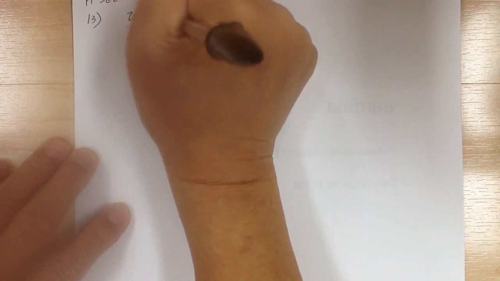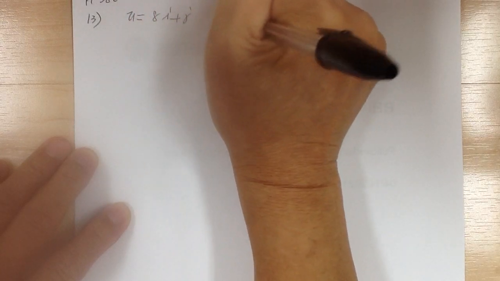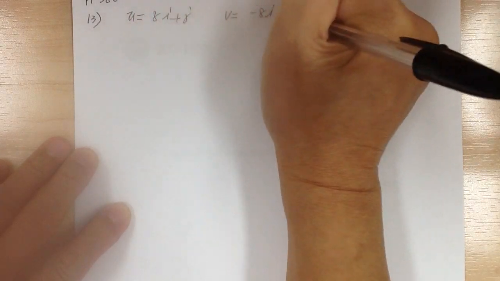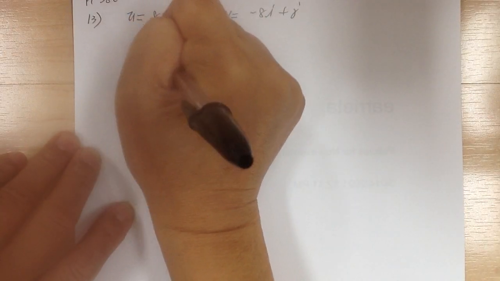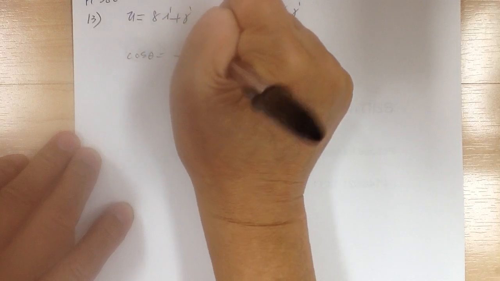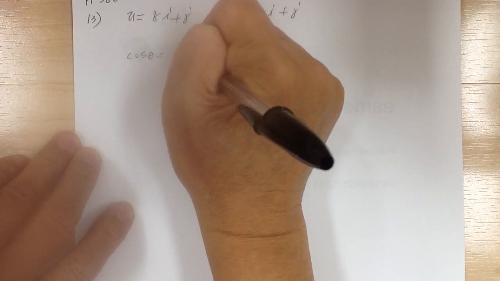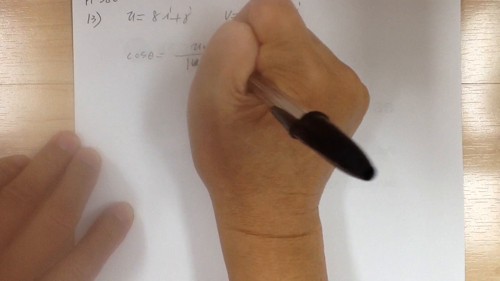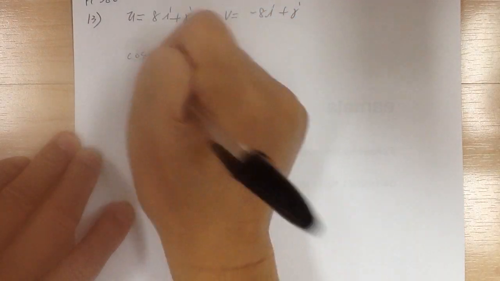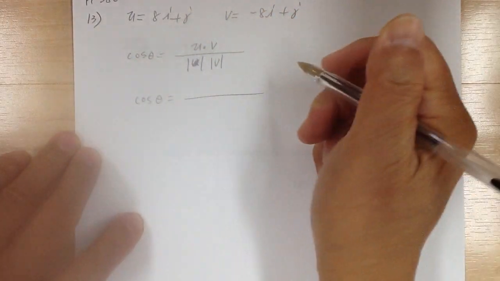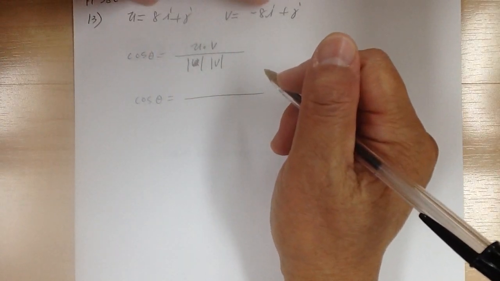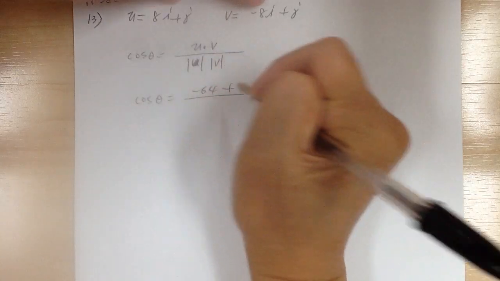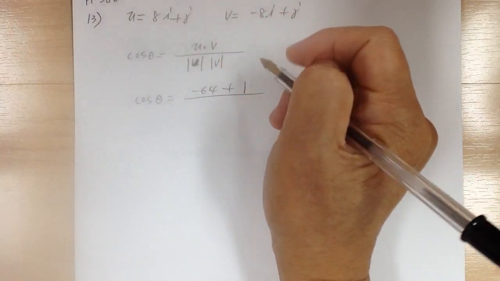Number 13. You have u equals 8i plus j, v equals negative 8i plus j. So to find the angle between them, cosine theta equals u dot v over the length of u times the length of v. You can always write down your formula, and then do the substitution after that. So u dot v, you just multiply, so it would be negative 64 plus 1, because 1 times 1 is 1, right?